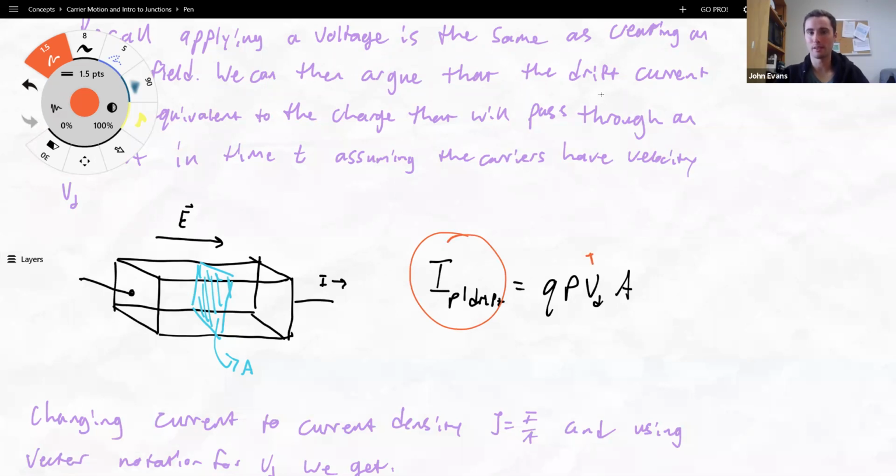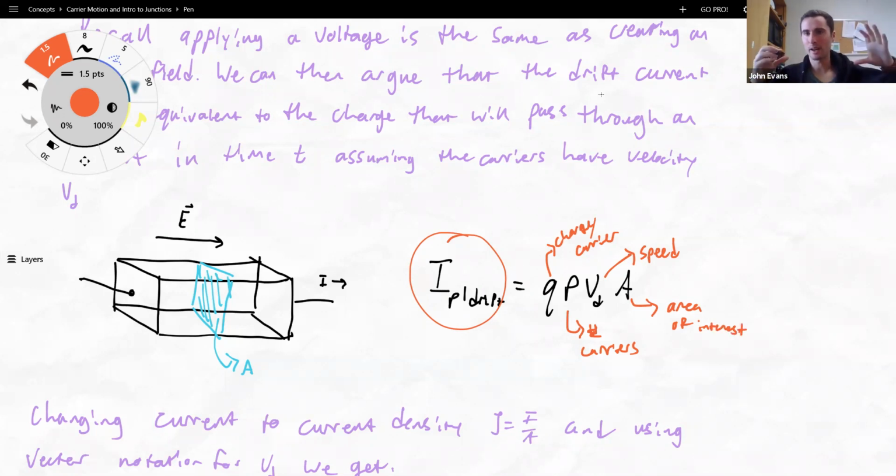This is the charge per carrier, this is the number of carriers, and this is the speed, velocity, how fast they're moving. And then this is the area of interest.